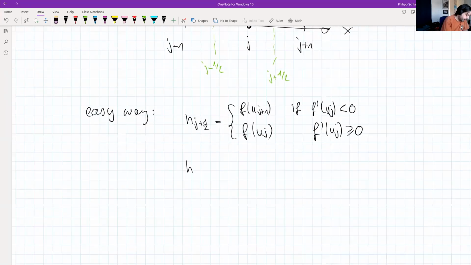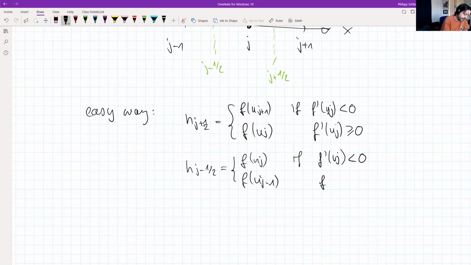And I do the same thing for the other flux term at j minus 1/2. I also say that this is f of uj or f of uj minus 1, and this is if f prime of uj is lower than 0, and this is if f prime of uj is larger or equal 0.